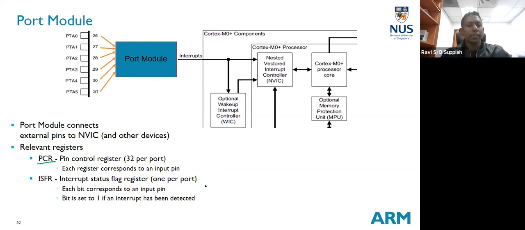Another register that we're going to look at is the ISFR register, the interrupt status flag register, where if an interrupt has been detected, that particular bit will be set to 1. That will help to send the appropriate signal over to the NVIC, telling the NVIC that this particular port has registered an interrupt and is requesting attention.